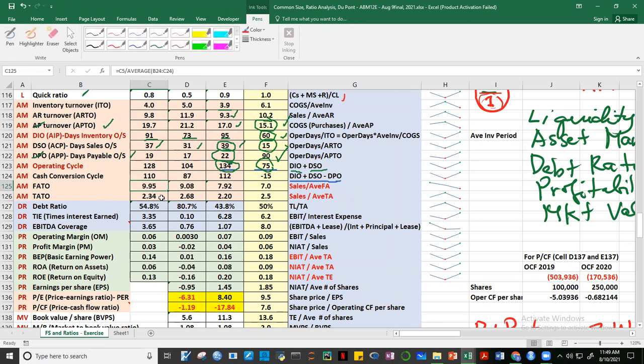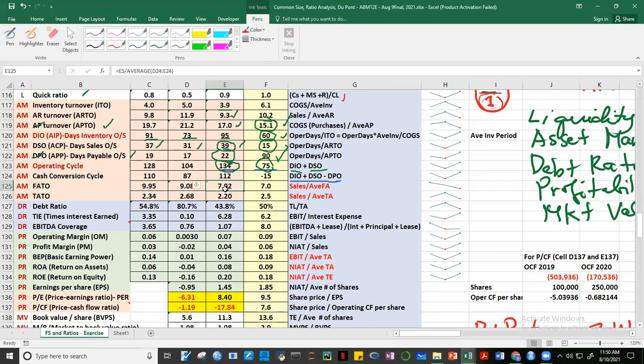So 9.95, 9.08, 7.92. Our FATO is going down. What FATO means, guys, is that you're generating 7 pesos and 92 centavos of sales for every 1 peso of fixed assets. A higher FATO is better, because it means we're generating more sales for every peso of fixed assets.